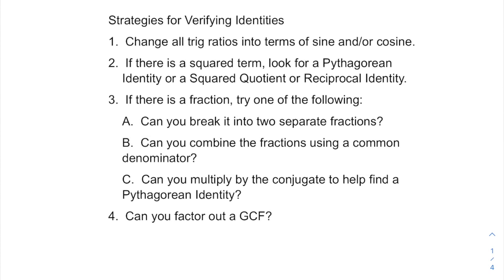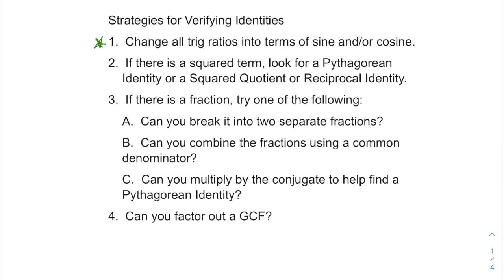The first strategy, and this is probably something that you're going to do most frequently, is change everything into sine and cosine. Everything can be written as sine and cosine, and if you can write everything as the same, you will see what things cancel and what things can come together. The second one: if you have a squared term, look for one of two things. Is it a Pythagorean identity, or is it maybe a squared quotient or squared reciprocal identity? The third thing: if you have a fraction, can you break it into two fractions?